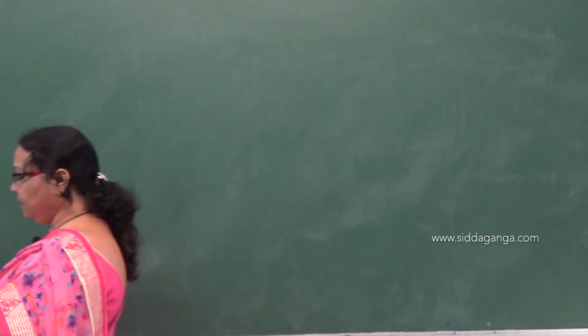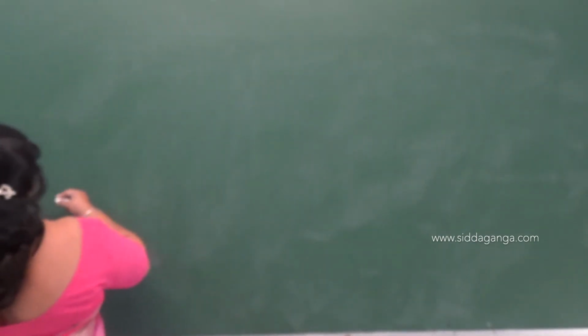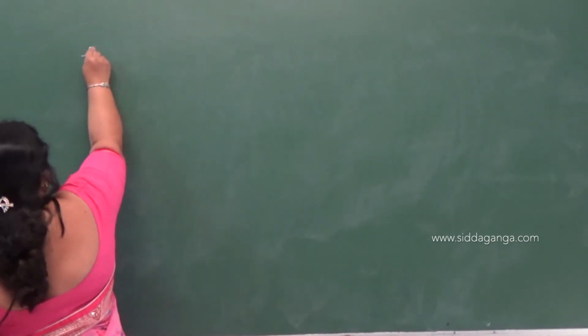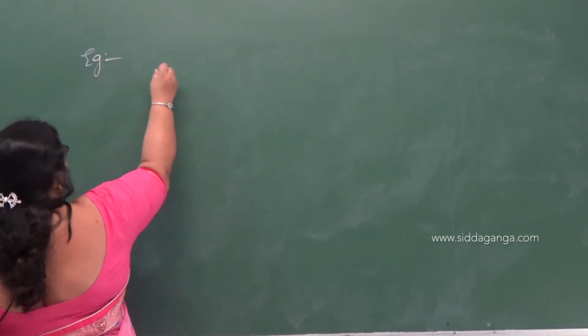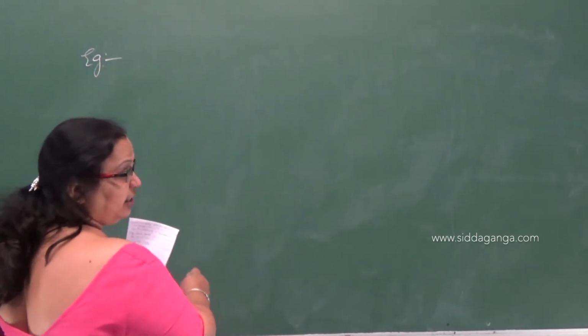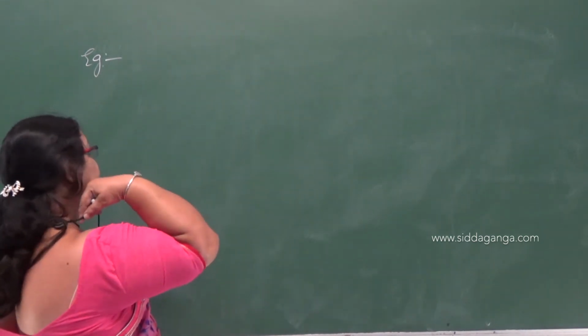Example: the slope of the line joining the points (3, minus 2) and (3, 4). Directly we are writing the answer because only concept application is there.